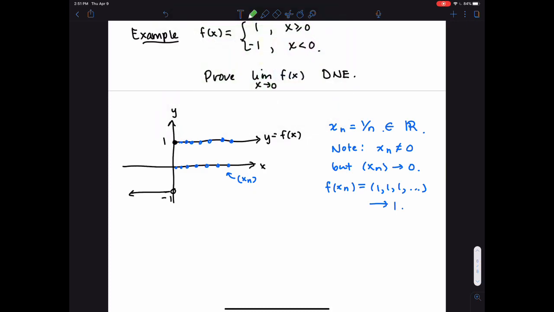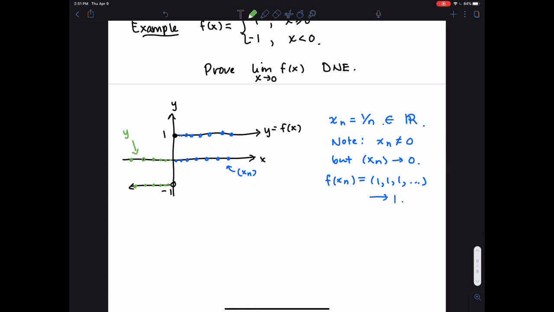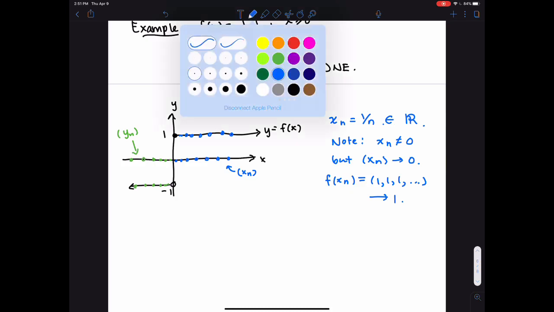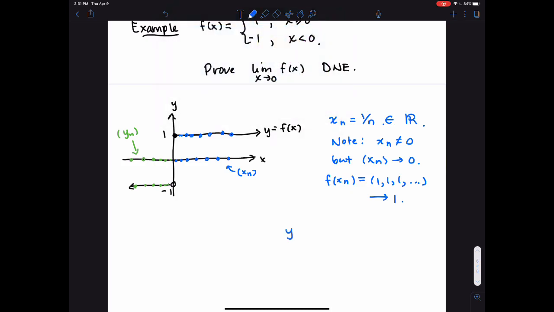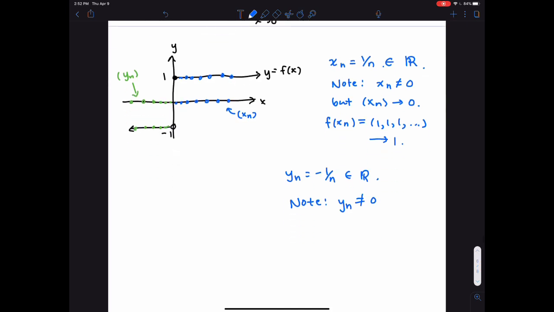Then I can pick my y sequence to approach 0 from the left-hand side so that my outputs end up on the negative branch of my function. So I could let yn be the sequence negative 1 over n. It's a member of R.